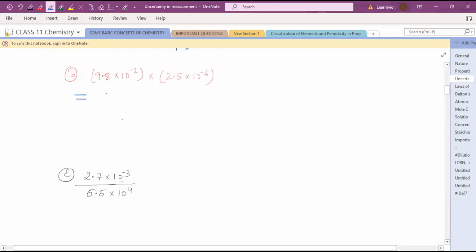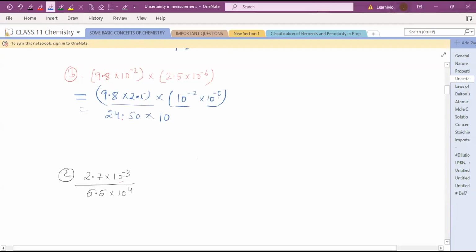Okay, let me check. So it's 9.8. You have to multiply these two, right, into 10 raised to the power minus 2 into 10 raised to the power minus 6. Now, when you multiply this, you will get 24.50 into 10 raised to minus 2 plus minus 6.